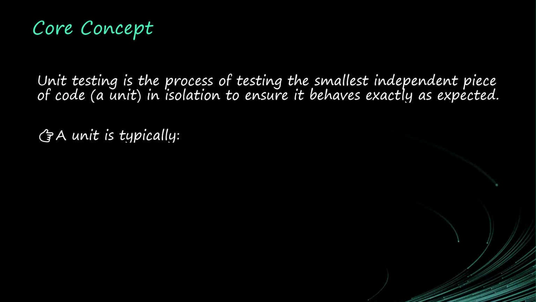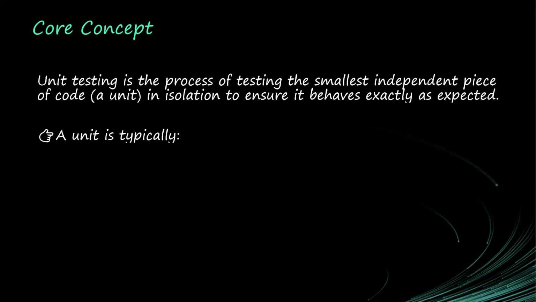So what are the core concepts? Unit testing is the process of testing the smallest independent piece of a code in isolation to ensure it behaves exactly as expected. When we talk about the smallest independent piece, we're talking about a function. The smallest unit of our program is a function.